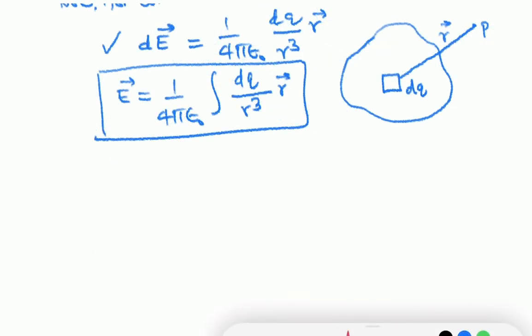Now the various points about electric field intensity.